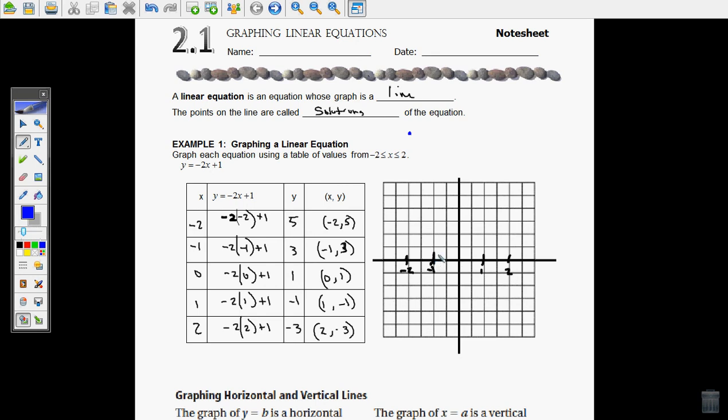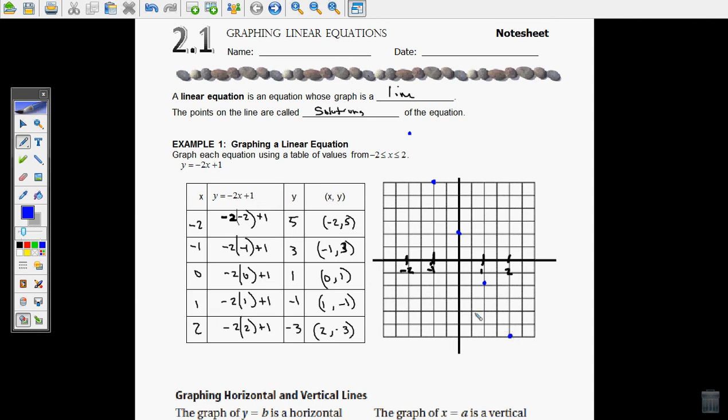Negative 1, comma 3. I'm going to go negative 1 and then 1, 2, 3. And my next one is 0, comma 1. That'll be there. My next one is going to be 1, comma negative 1. So 1 over to the right, negative 1 down. My next one's going to be 2, and then down 1, 2, 3.